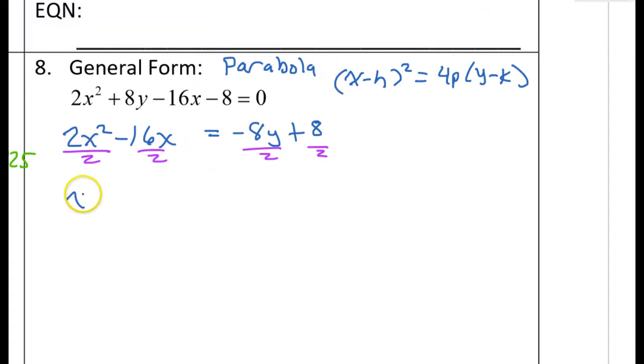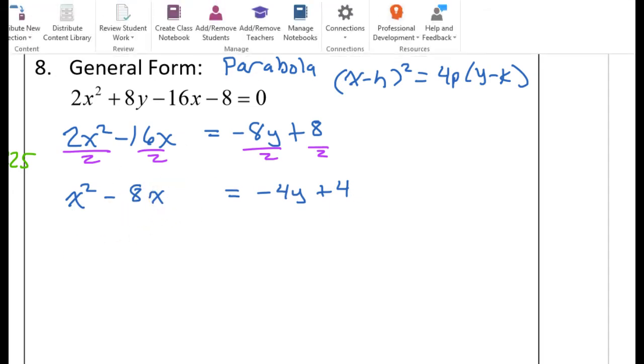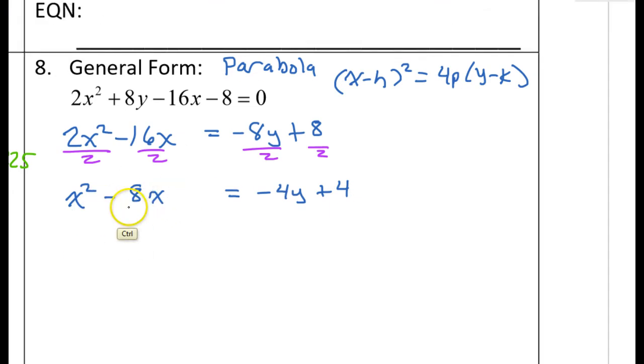So this is going to give me x squared minus 8x is equal to negative 4y plus 4. Now I can complete the square. Half the middle squared. Half of this is negative 4. Square it, you get 16. So I need to add 16 to the other side.